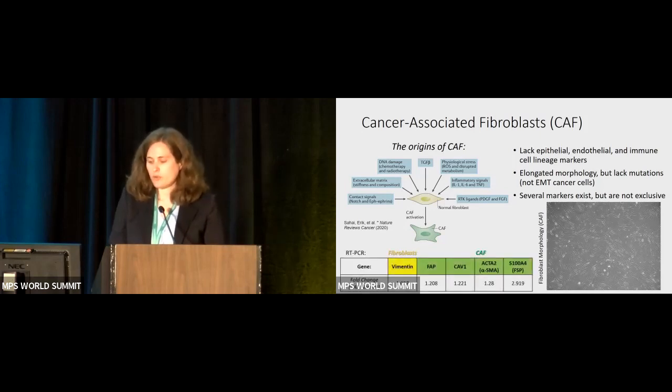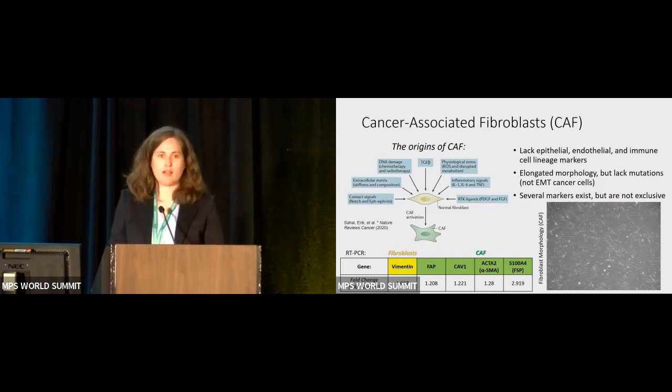So PCR on average on this tumor cancer-associated fibroblast population found that there's no big change in vimentin expression when I compare that to the normal fibroblasts. And vimentin is a pan-fibroblast mesenchymal marker.